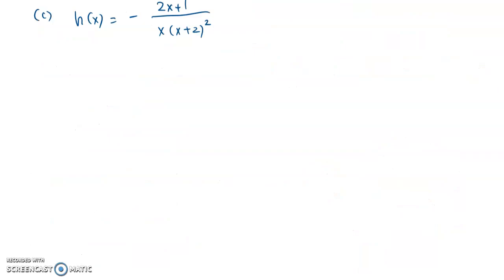Let's look at the third function. Okay, first of all, the domain here, we will look at the denominator, right? The zeros of the denominator are 0 and -2. So we can say the domain is all real numbers but 0 and -2.